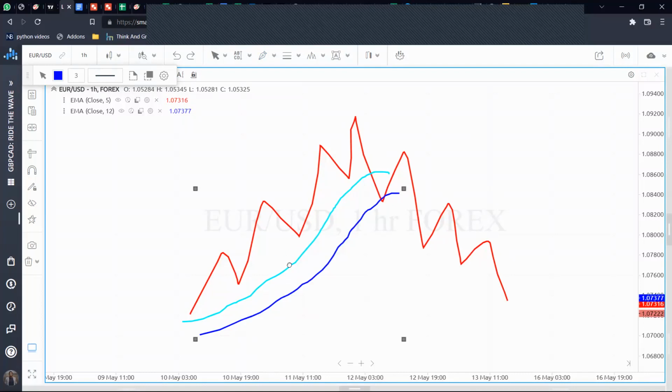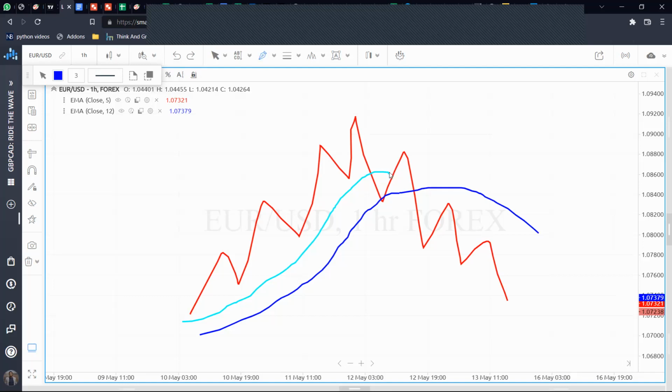This light colored one is the 5-period, and this dark colored one is the 12-period. Now, in an uptrend, we tend to notice that price stays above both moving averages, and in a downtrend, price tends to stay below both moving averages. But what we notice is that in an uptrend, both EMAs stay below price, but the faster one is above the slower one, right?